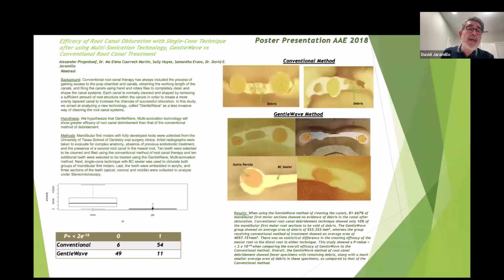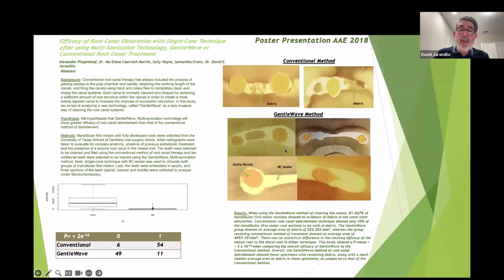So with Alex Plagenhoff, one of the pre-doctoral students, he presented this poster at the school and then at the Star of the South, where he won second place. And then he presented it at the 2018 AAE meeting, where we compared conventional instrumentation using ultrasonic irrigation versus GentleWave. We wanted to check the amount of debris left behind and the voids created.